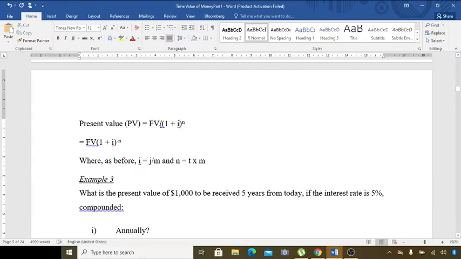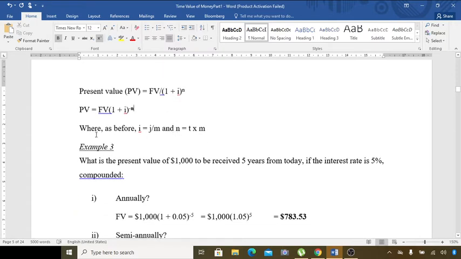Since we don't want to put this at the bottom, we want to put it at the same level of the PV here, so it becomes FV times (1 plus i) to the power of negative n. Negative n is basically the same, since it is a reciprocal, as FV divided by (1 plus i) to the power of n.